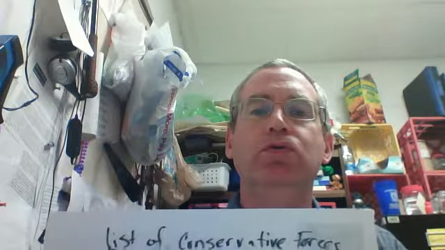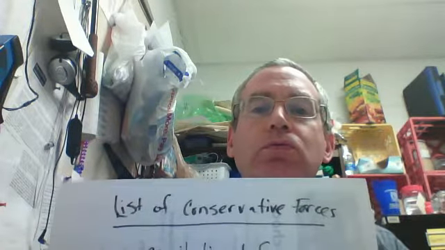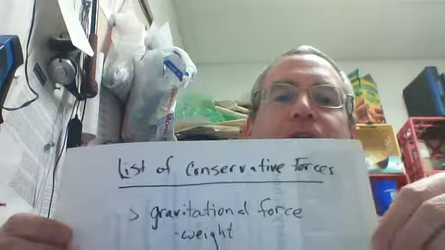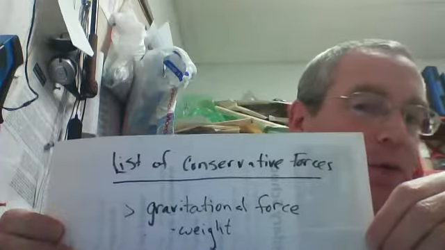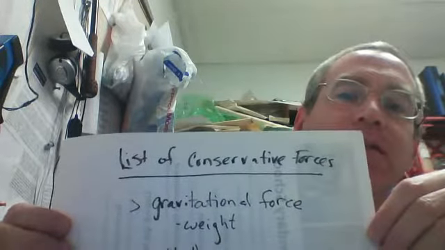So the list of conservative forces: I'm going to list out all the conservative forces that you could possibly use for this course, or 151, 152, 251, 252, all the physics courses offered at Forsyth Tech. Here's the list. Gravitational force and weight. At this point, that's the only one that you will need.